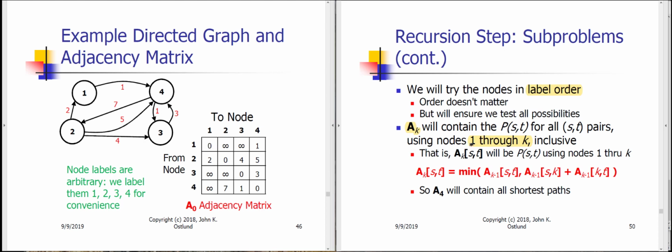A sub 2 will be the shortest path matrix where we're allowing 1 and 2 as possible intermediate nodes. As we step through this, eventually we'll be able to use 1 and/or 2 and/or 3 and/or 4 as possible intermediate nodes, and of course that will exhaust our possible intermediate nodes. We will end up with A sub 4 containing all shortest paths using any of the 4 nodes as a potential intermediate node. Let's take a look at A sub 1 as a specific example and then come back and talk about this red formula here on slide 50.